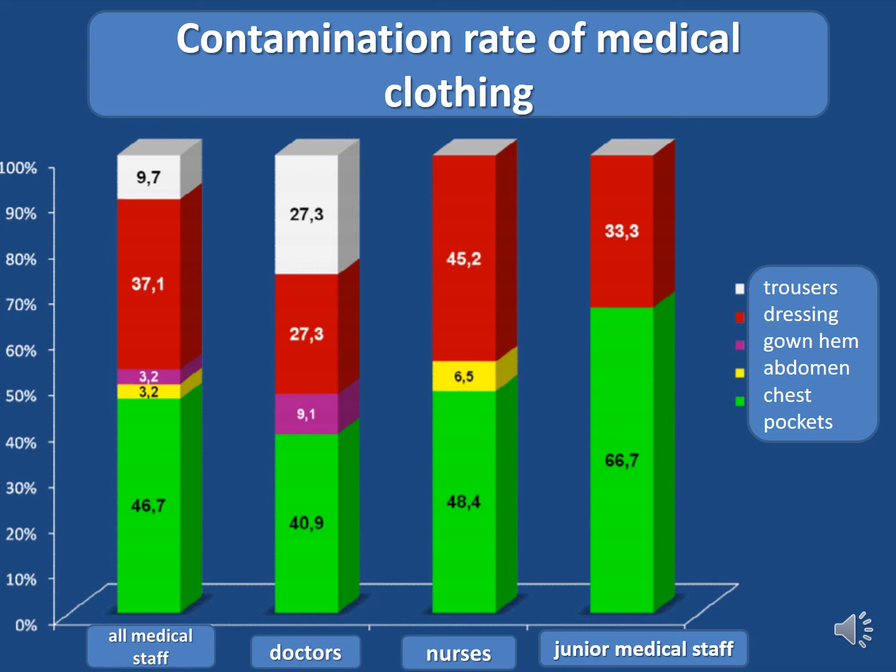When we characterize the situation with the contamination rate of medical clothes, you see that when we characterize, for example, general medical staff, chest pockets are more often contaminated.